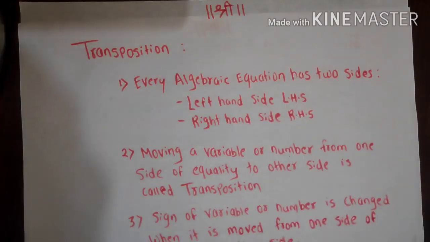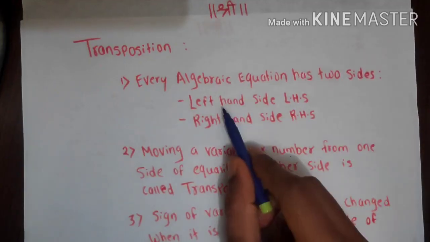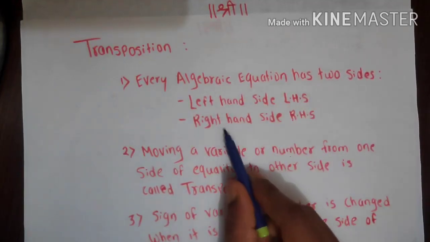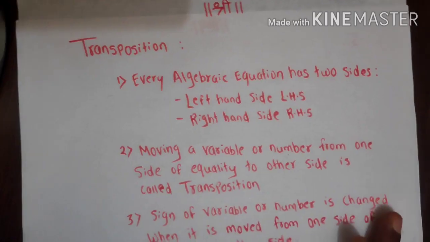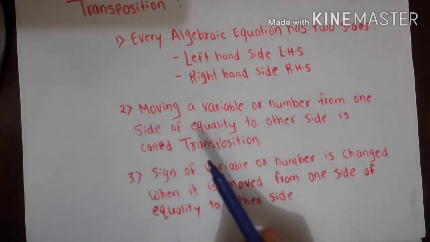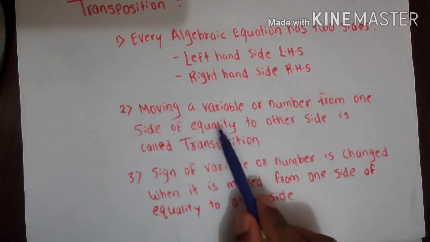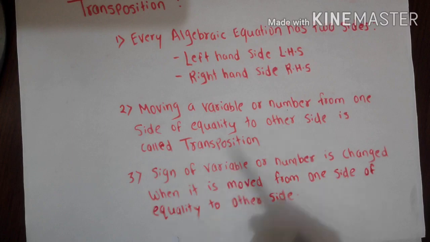As we already discussed, every algebraic equation has two sides: left hand side, that is LHS, and right hand side, that is RHS. Second point is the definition of transposition, that is moving a variable or a number from one side of equality to the other side is called transposition.